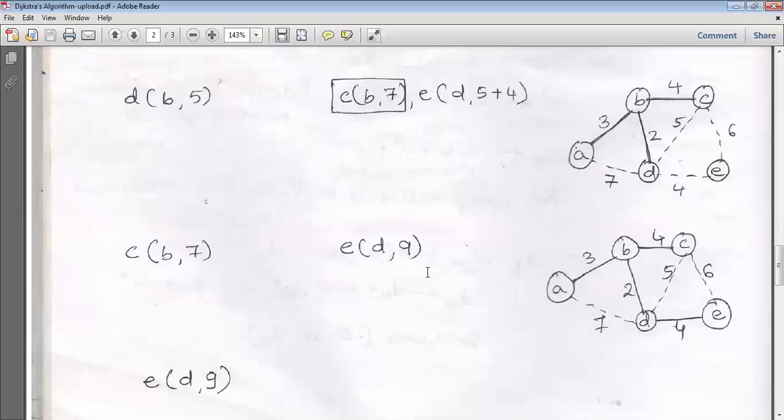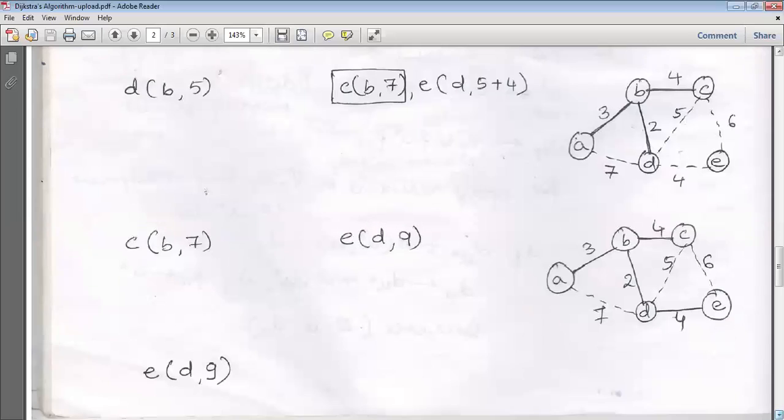So assume that it is 9 kilometers. 3 plus 2 is 5. 5 plus 4 is 9. So we got it as 9. Now the vertex E is also selected. To reach C, I'll go from A to B, B to C. To reach D, I'll go from A to B, B to D. To reach E, I'll be going from A to B, B to D, D to E. Because in this single source shortest path, starting from a start vertex, we have to reach all other vertices with a minimum distance.